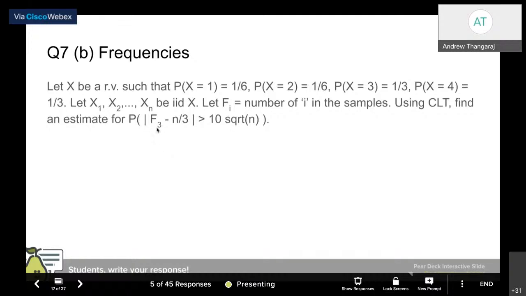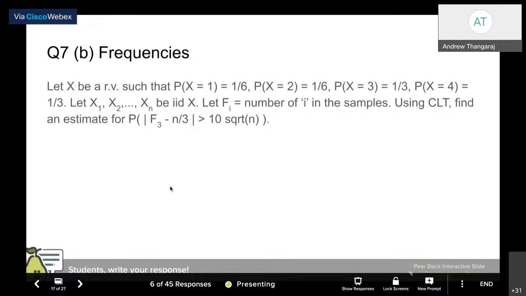Then you convert the event |F3 minus n by 3| to the standard normal Z. You divide by the standard deviation, root 2n by 9. So then this becomes |Z| greater than 10 times root n by root 2n by 9, isn't it?